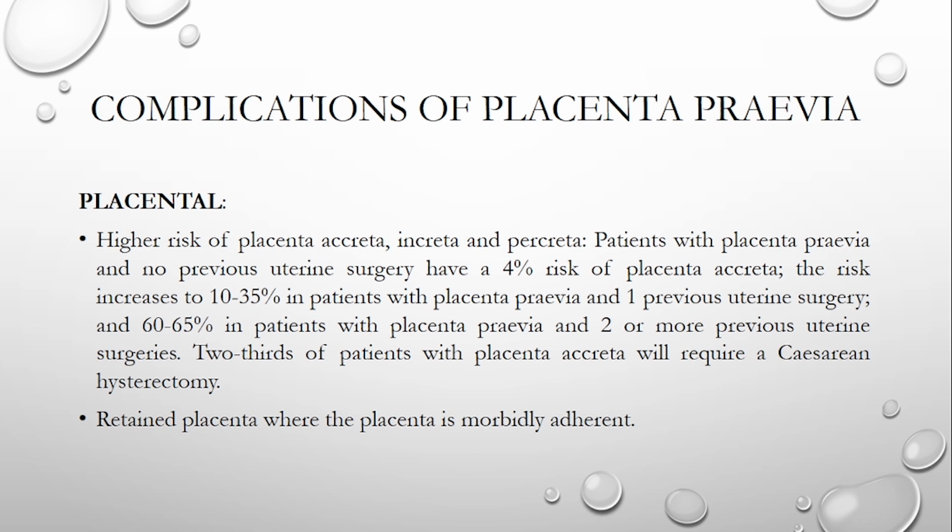When the placenta is attached to the decidua of the uterus, it's an accreta. But if it permeates into the myometrium, it's an increta. Or if it gets to the serosa of the uterus, it's a percreta.